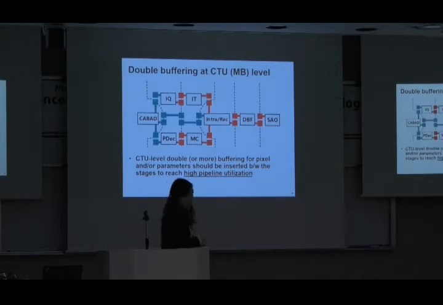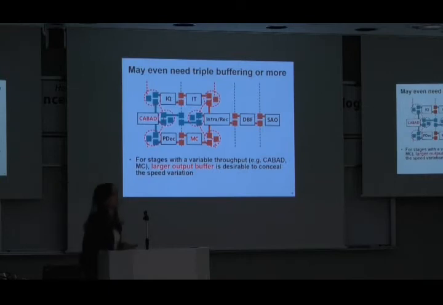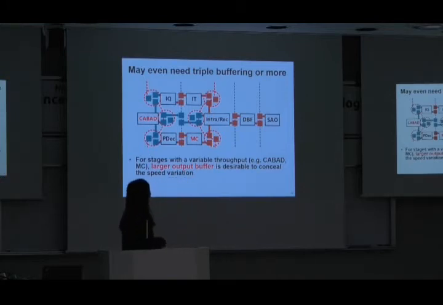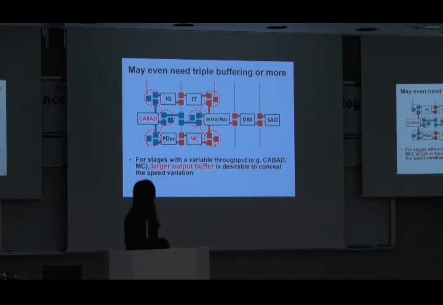So we need 2 buffers here. And the problem is sometimes CABAD processes faster, sometimes it processes slowly. So for some special components, only 2 buffers are not enough. Sometimes we need 3 buffers. And the size of the buffer is the basic processing unit. We call it CTU.